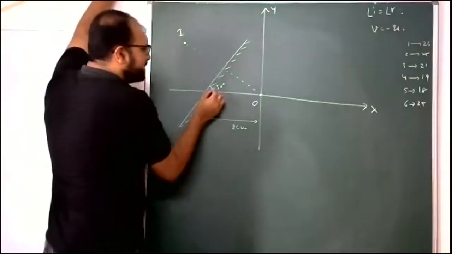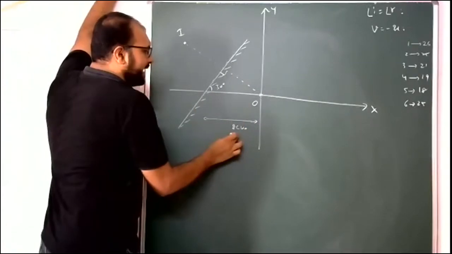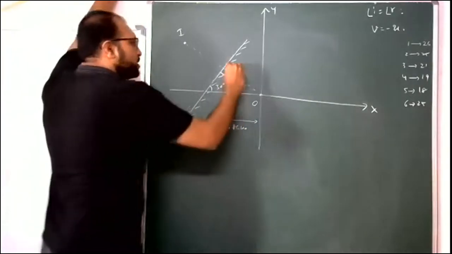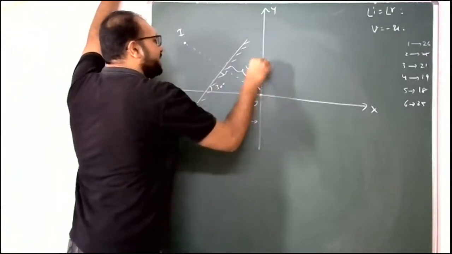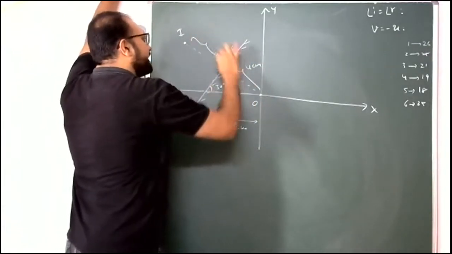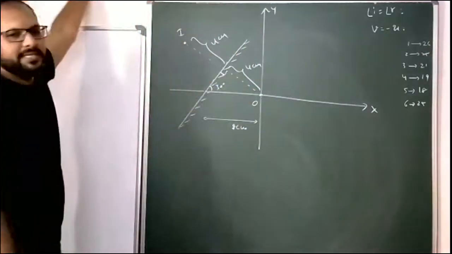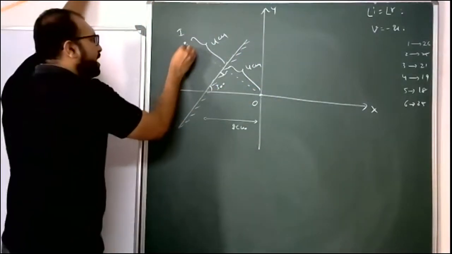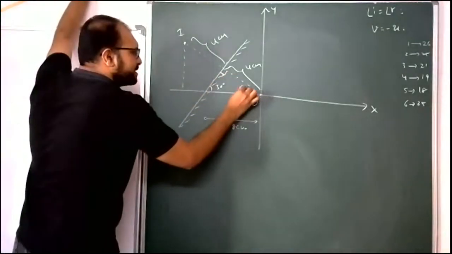Now, students, this is 30, this is 90. This is now 8. 8 is the hypotenuse. So, students, from sine 30, that is 1 by 2, it is 4 centimeters. It is 4 centimeters, it is also 4 centimeters. So, total 8 centimeters. Now, draw one line here. Students, 30, 90, this is 60.